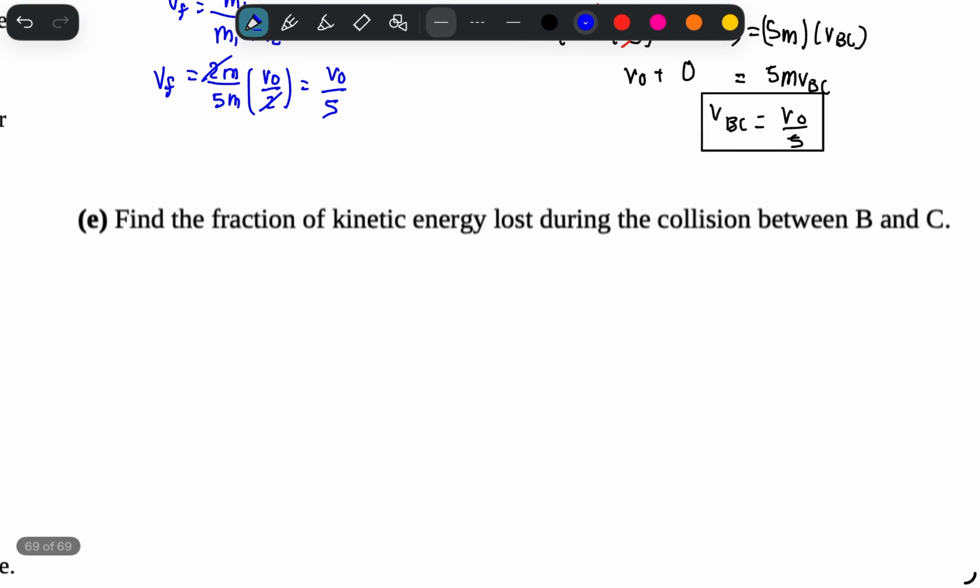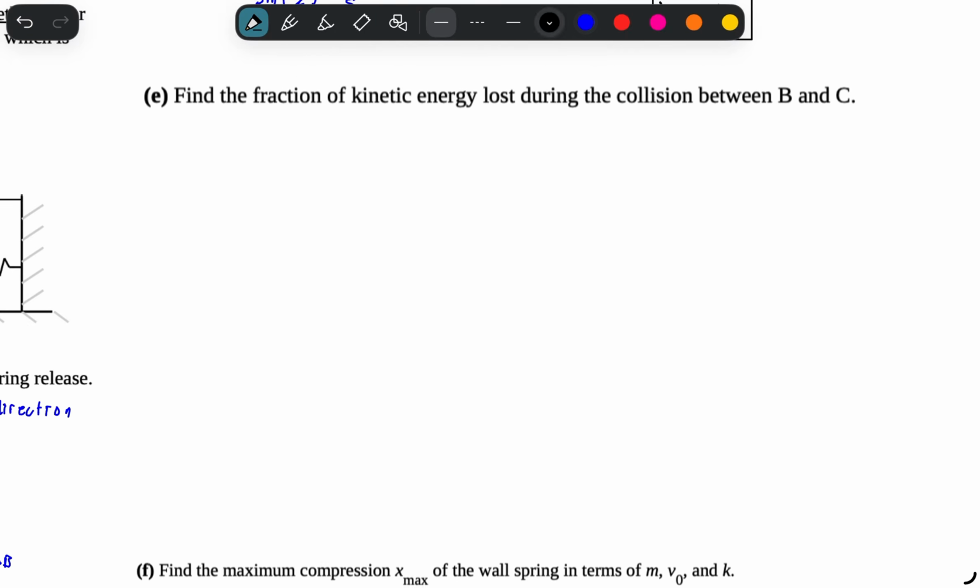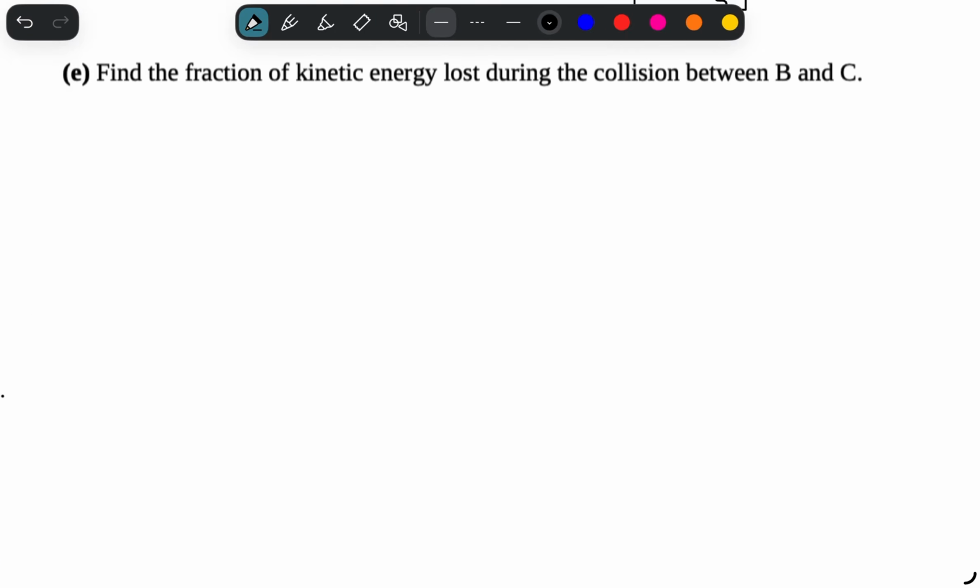So that's pretty quick. Now, find the fraction of kinetic energy lost during the collision between B and C. So we know that before our collision, we only had cart B moving because cart A was at rest. So then we can write kinetic energy initial, 1/2 m_B v_B squared.